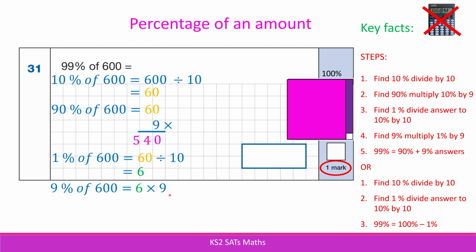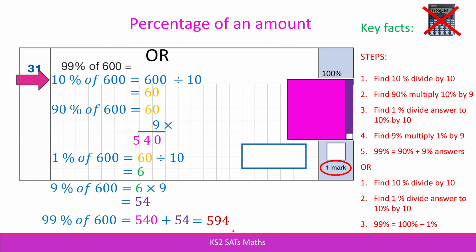So 6 times 9, that gives me this strip here, 9%. So 6 times 9 is 54. And if I add my answer for 90%, which is 540, the pink area, plus the purple area, which was 9%, which is 54, that will give me the total answer of 594. So you've got 4 at the end, 5 plus 4 gives you the 9, and 5 at the front, 594.